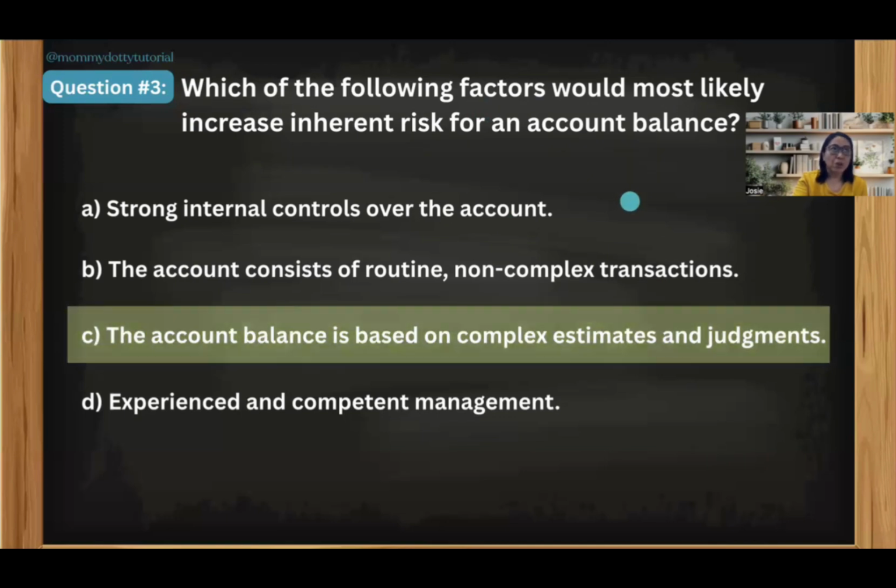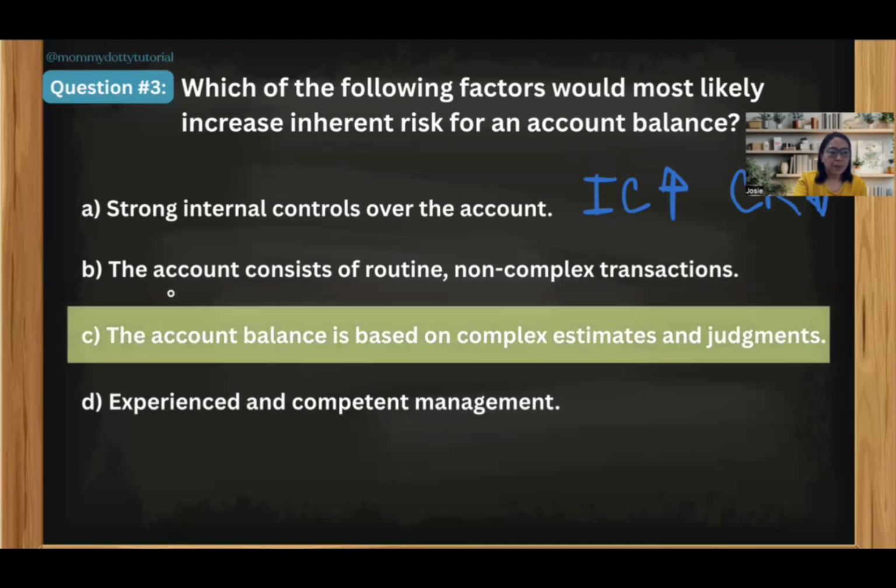Don't be confused with internal control and control risk. Internal control is the doing of the management. If the internal control is strong or high, your control risk, or the danger of not having a good internal control, that's what it means. Your control risk is low.